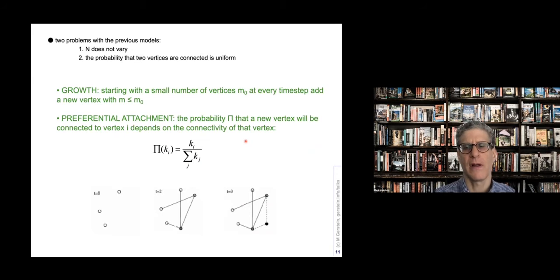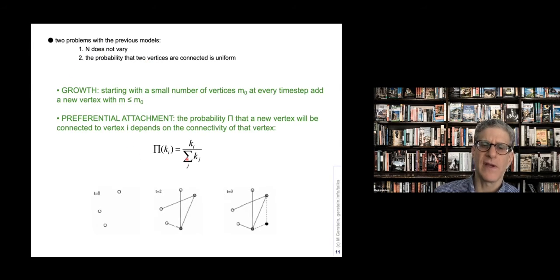Now, one of the ways of getting a sense of the scale-free network is to think about a growth model for networks. So in the ER graph, we just connected things up with a given probability, and that was fairly uniform.